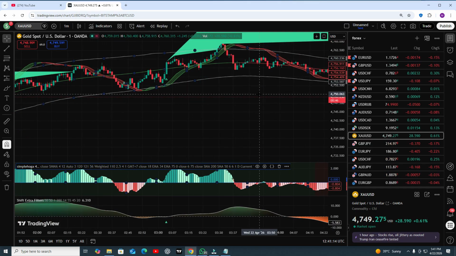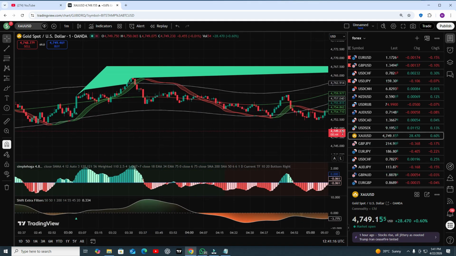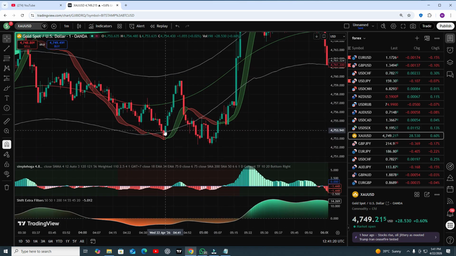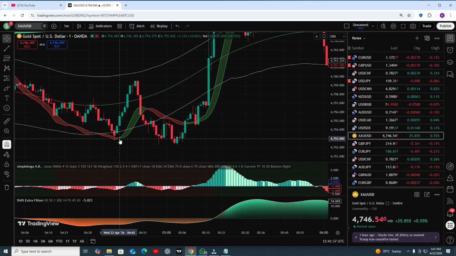Okay, let's find out more entries. At this point you can see this is the first position, this is your second position. Sorry, RSI is coming below the lower band line.